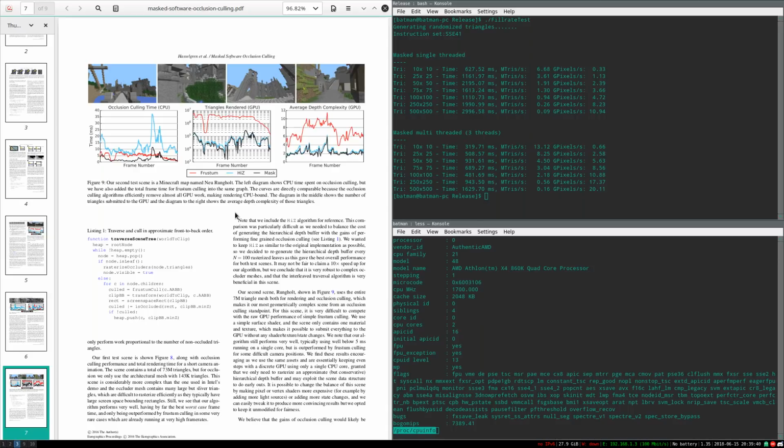It still adds overhead. It still adds a CPU overhead, which granted reduces GPU overhead, which is the whole point. But that's something to consider if you have a really, really CPU-intensive game that really needs every last cycle. This might not be the technique for you, but for just about everything else, this is going to add occlusion culling to your game. It's not going to have a whole lot of drawbacks, and it's just going to work.